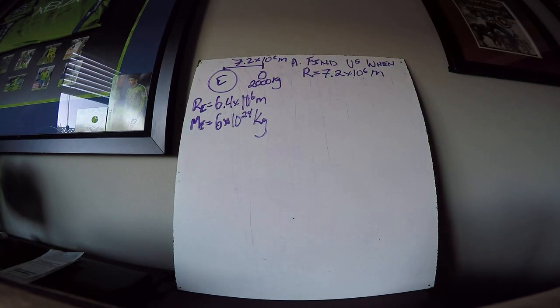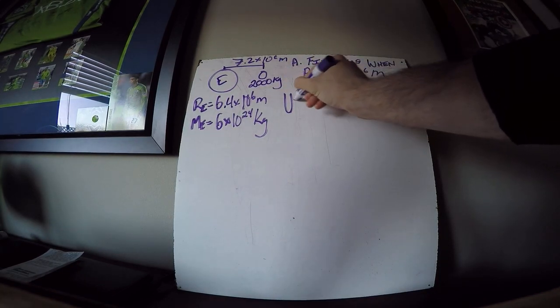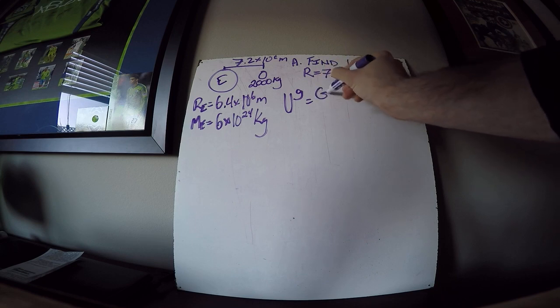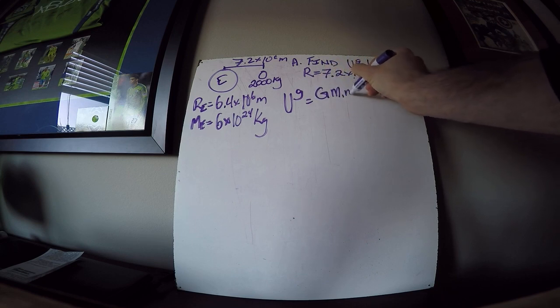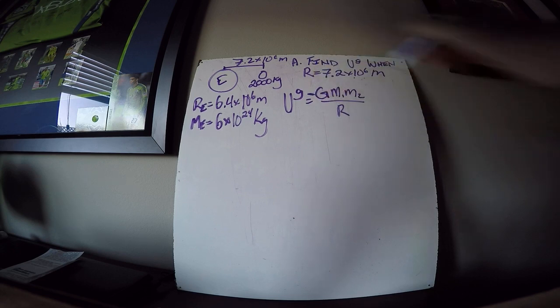So we just plug this into our equation. Potential energy equals G m1 m2 over r. Don't forget the negative sign.